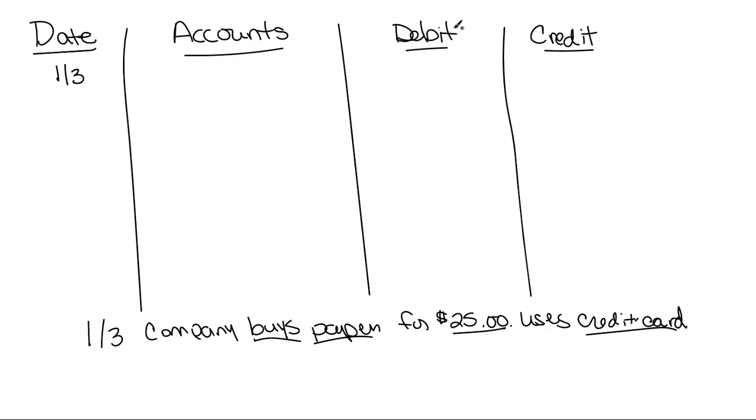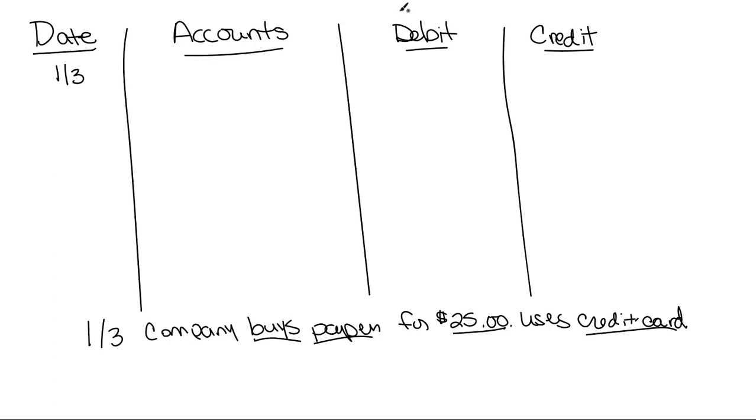There are a couple of accounts that increase with debits, and a couple that increase with credits. Debits increase assets and increase expenses. Credits increase liabilities, equity, and revenue.